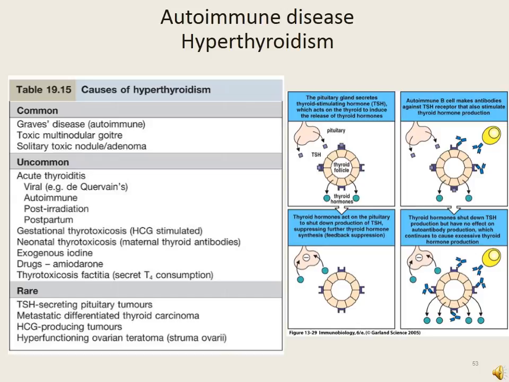The left-hand side of this slide is a table showing you that hyperthyroidism can be caused by many factors. Okay, the first that is common in the table is an autoimmunity to the thyroid stimulating hormone receptor that induces hyperthyroidism or Graves' disease.